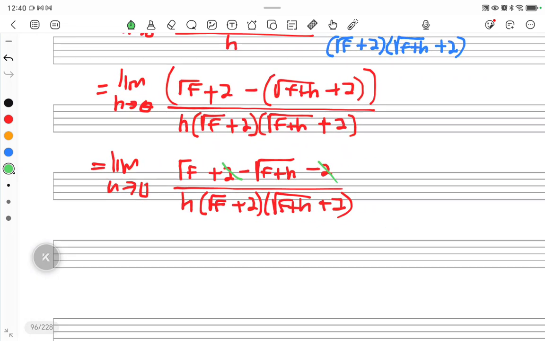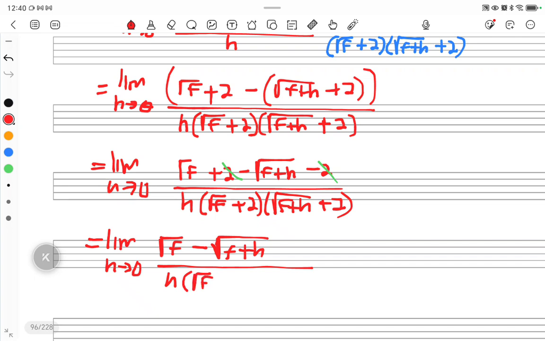And then we'll be left with the limit as h approaches 0 of the root of f minus the root of f plus h all over h times the root of f plus 2 times the root of f plus h plus 2.